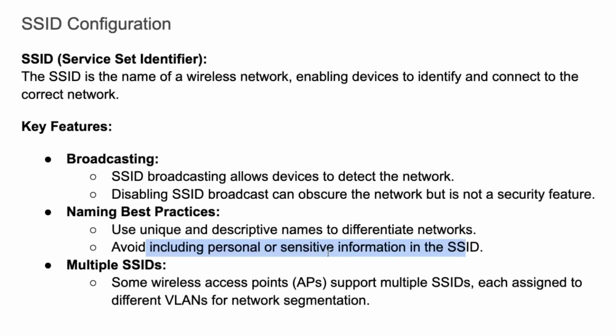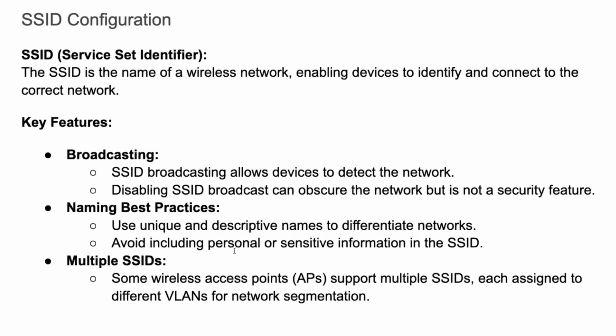And then if you have multiple wireless access points, assign descriptive names to them so that you know which one belongs to what department. Some wireless access points support multiple names, and each is designed for different virtual LANs for network segmentation. We talked about virtual LANs being a service available through the switch.